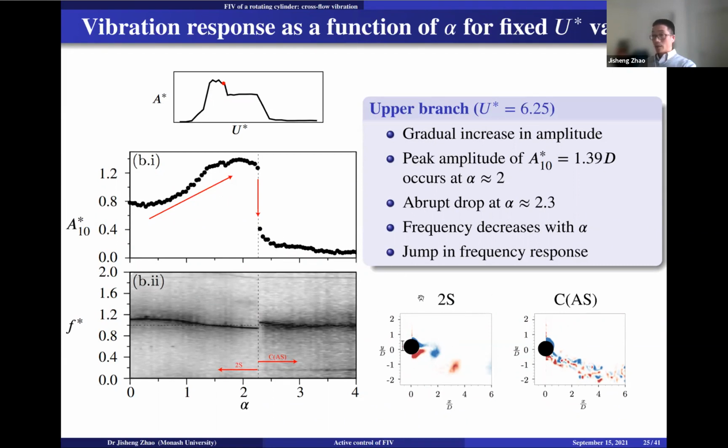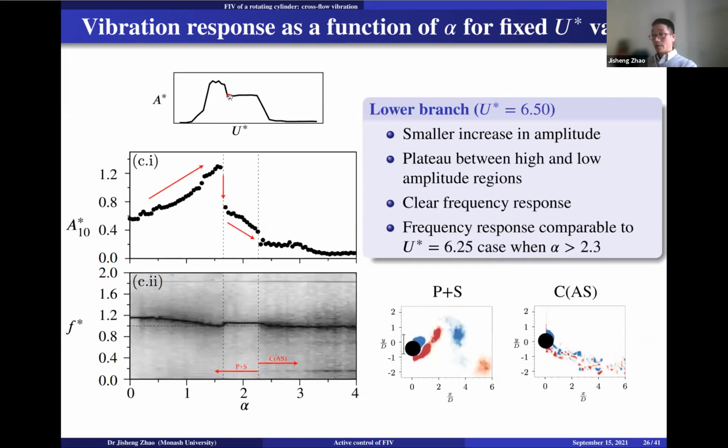Basically, we have a very well-defined 2S mode on one side, and on the other we call it coalescence of asymmetric vortices like this. Basically, there's no well-defined vortex shedding, just like the larger scale structure vortices break down there.